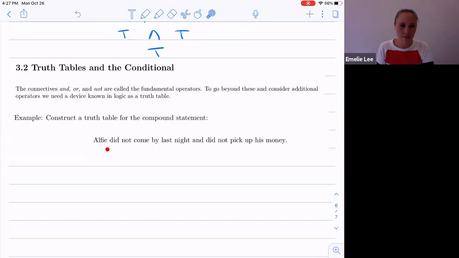And the compound statement is Alfie did not come by last night and did not pick up his money. However, if you read the textbook, and like I did many years ago, the first time I taught this, they don't actually have "came by last night." It's just Alfie did not come last night and did not pick up his money. And then we negate it and we go through.